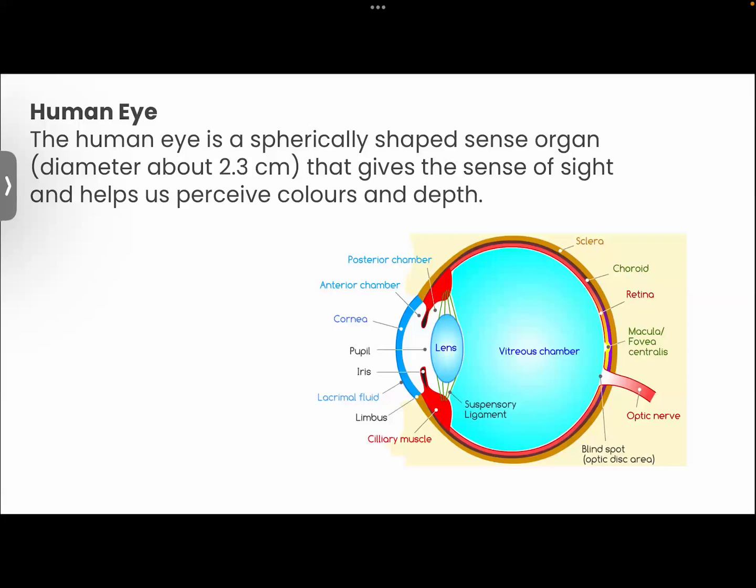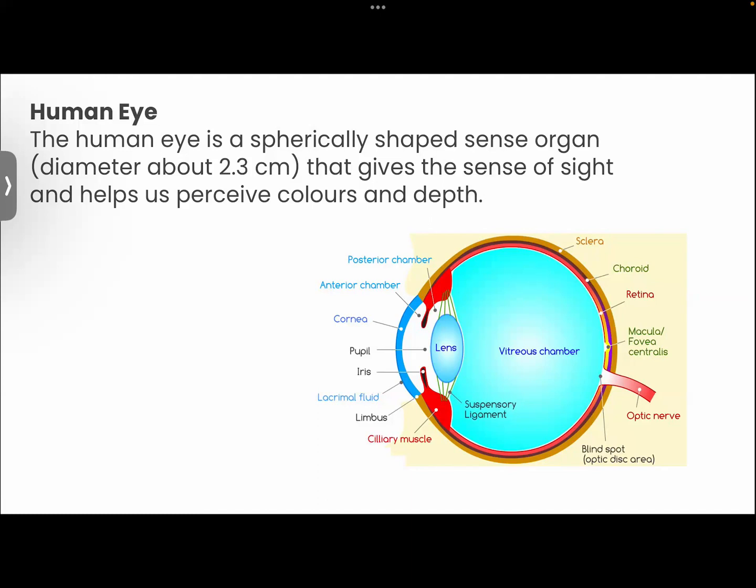The main parts of the eye, as you can see in the image, are as follows: cornea, iris, pupil, ciliary muscles, lens of the eye, the crystalline lens, retina, and the optic nerve. Sclerotica is also there, but that is not that important; the main parts are as follows.